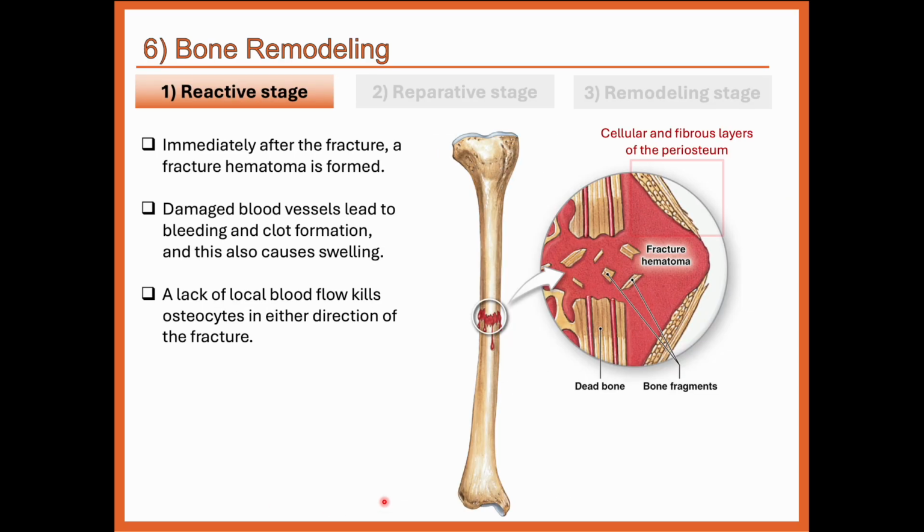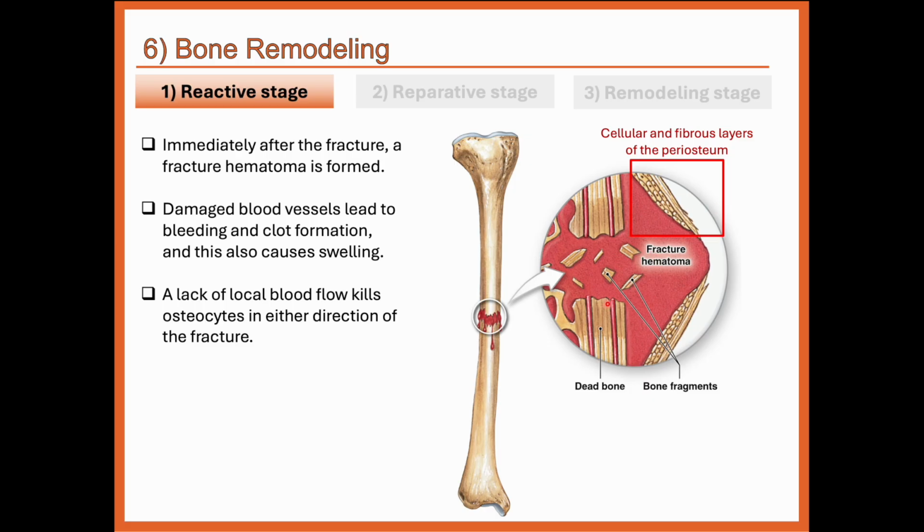Let me go through these stages. What you need to know. Immediately after, the first stage is called the reactive stage. You just broke your bone, right? Immediately after the fracture, a fracture hematoma is formed. Hema means blood, like Hema, Quebec. Toma means there's this bubbling of the blood, right?